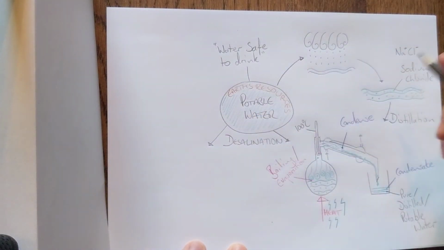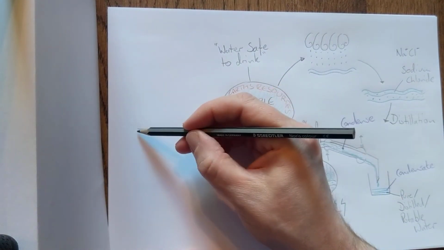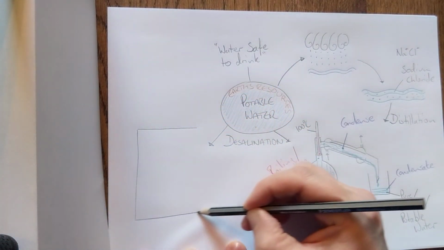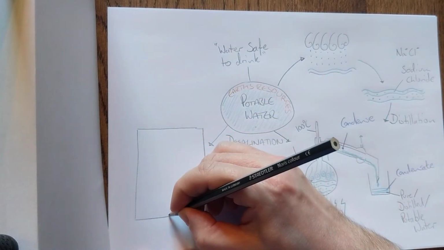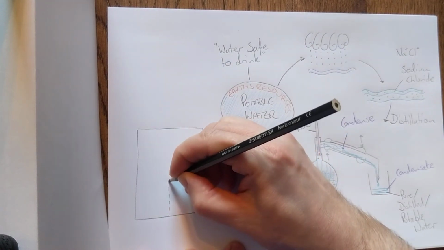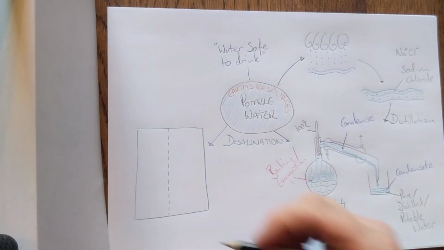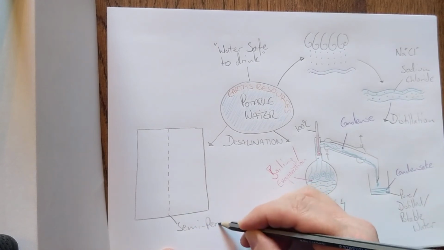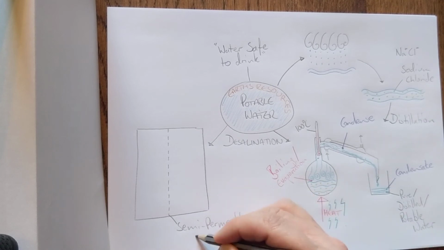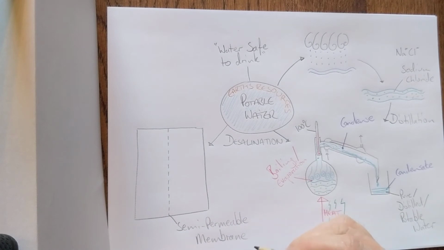is a different one, and what we have is a tank of water, like this. In the middle we've got something called a semi-permeable membrane, which you should remember from your biology lessons.